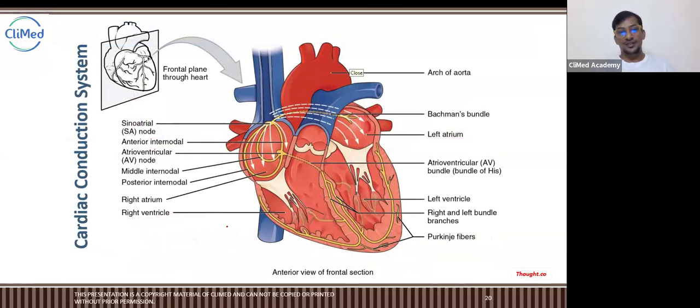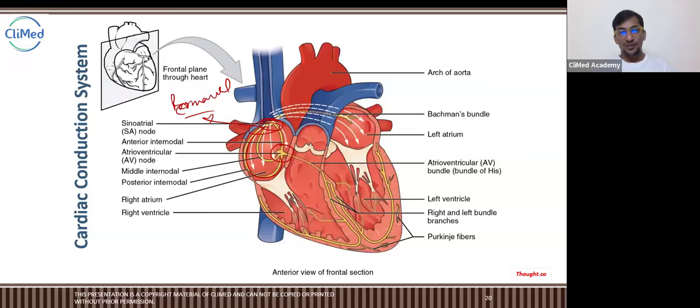Okay, got it. So cardiac conduction, I'll not go into this in detail, but it starts from the sinoatrial node. The sinoatrial node is called the permanent pacemaker of the heart. It generates the impulses, which go to the AV node. AV is atrioventricular node.